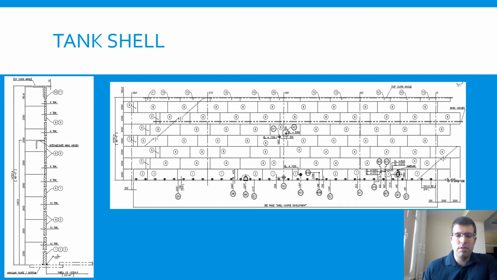So the three main elements of these tanks are the tank shell, which carries most of the steel weight, the tank bottom, and the roof.